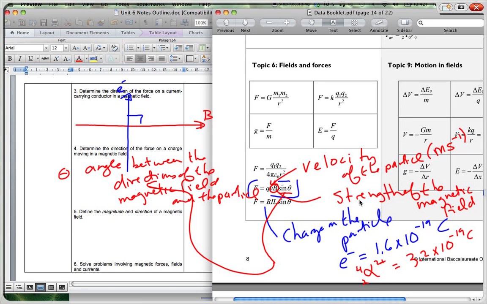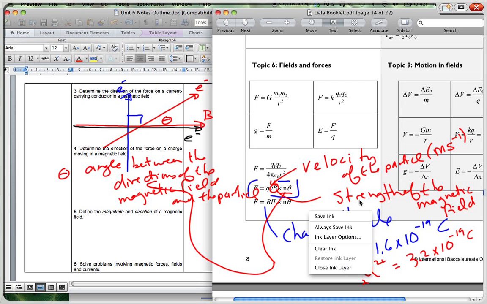As soon as it starts changing direction, say if it goes in that direction over there where that's theta, then obviously that force decreases somewhat. If you've got your electron going in the same direction as your magnetic field, your theta is equal to 0 and there is 0 force. No force is acted upon it.